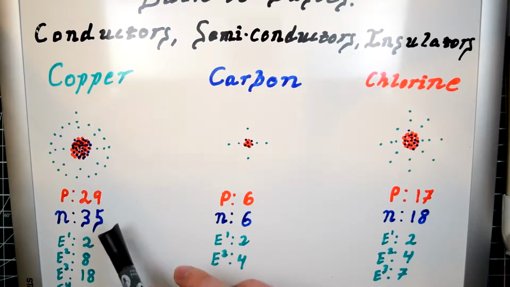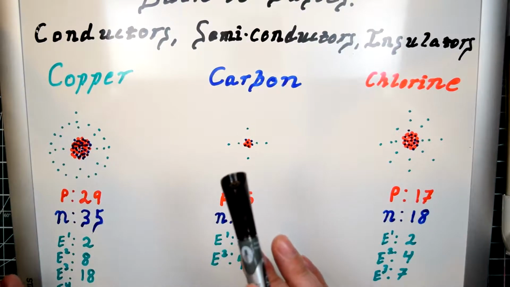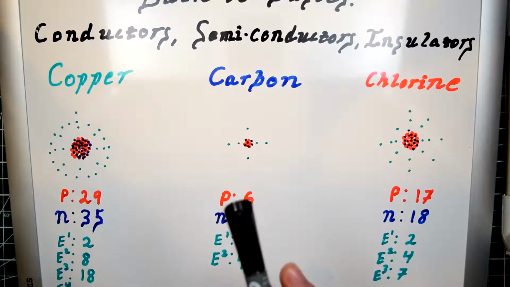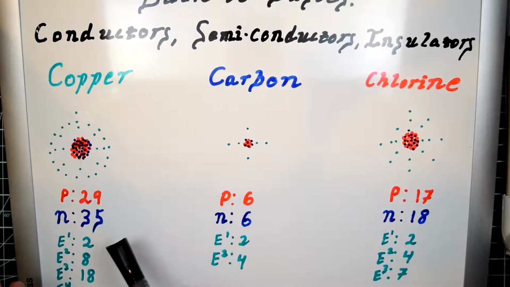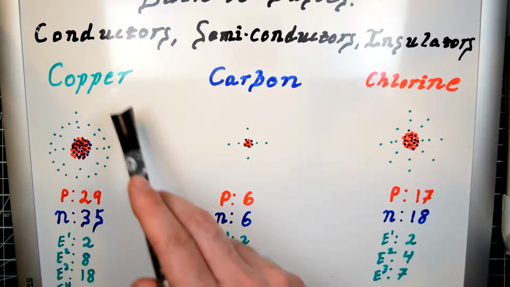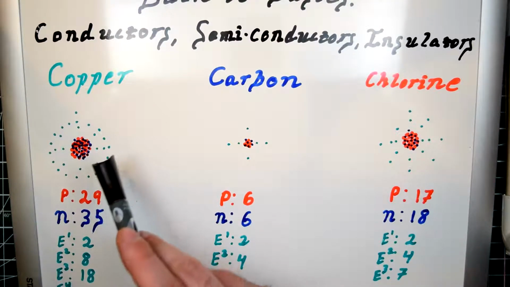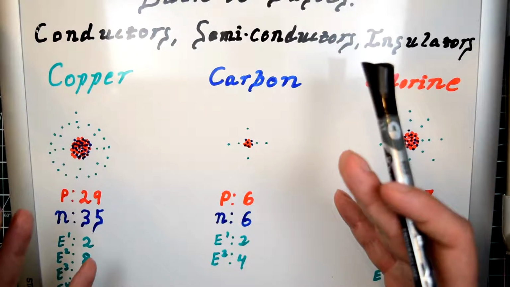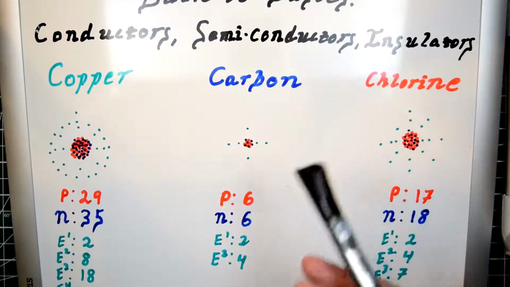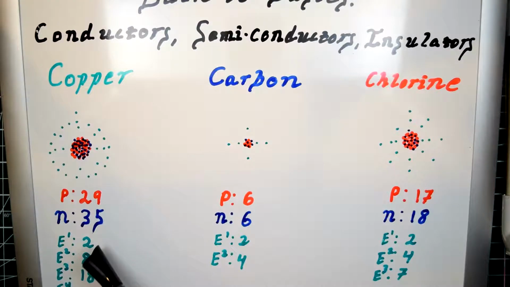Now, the number of protons and neutrons don't really have any bearing on a material's ability to conduct. It all has to do with the electrons, and most specifically, it has to do with the outermost layer of electrons. Now, in the case of copper, we've got 4 electron energy shells.